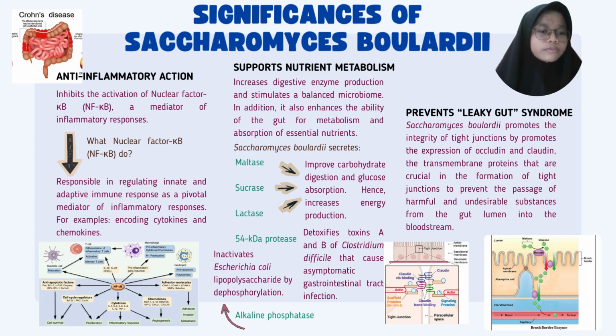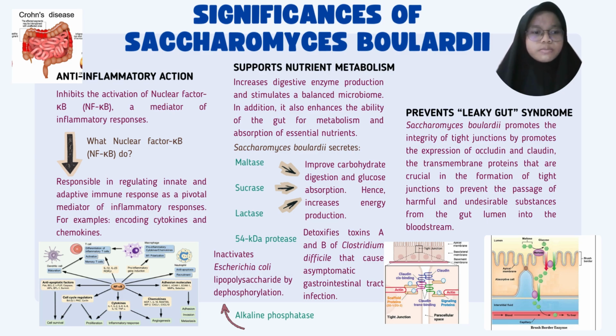Next, we move to 54-kDa protease. 54-kDa protease is not a normal protease, not a common protease. It detoxifies toxins A and B from Clostridium difficile that cause symptomatic gastrointestinal tract infection.